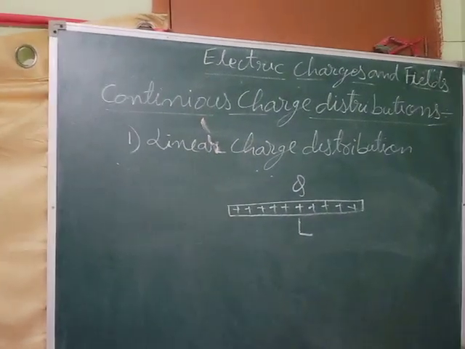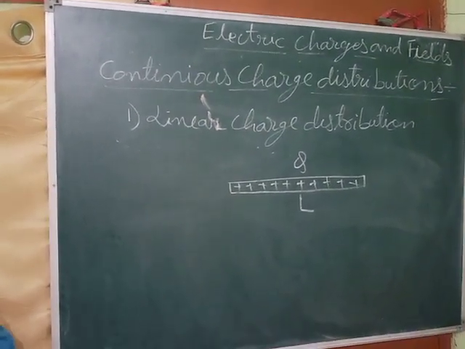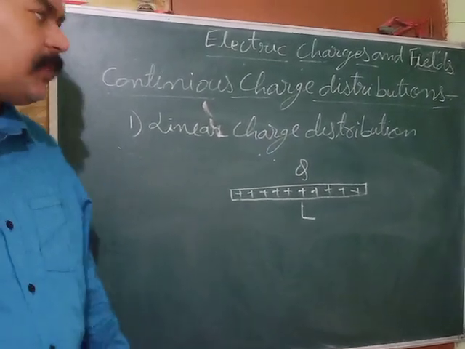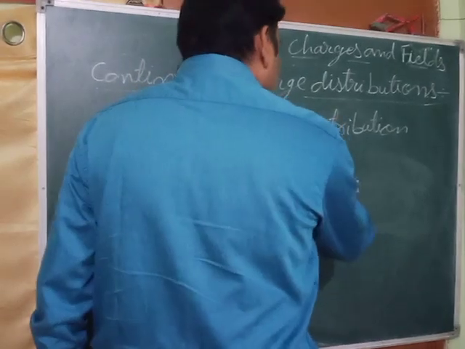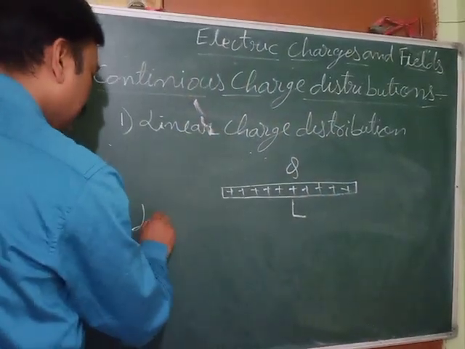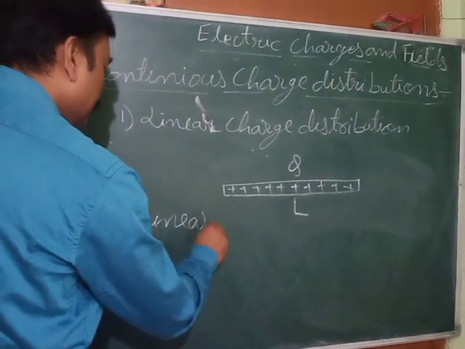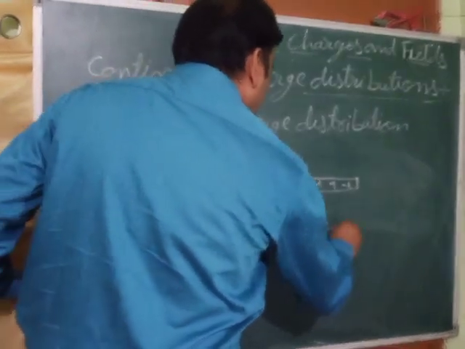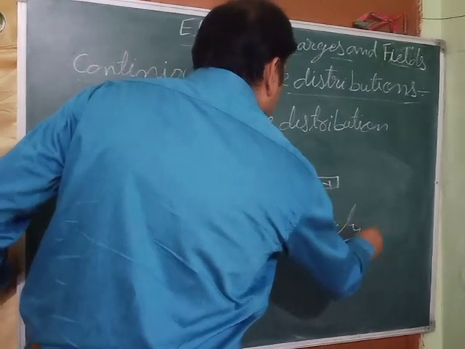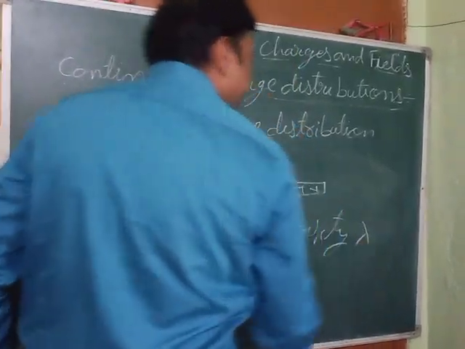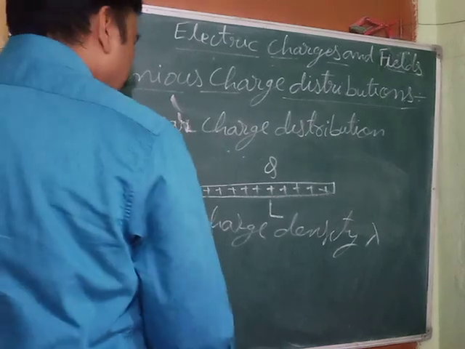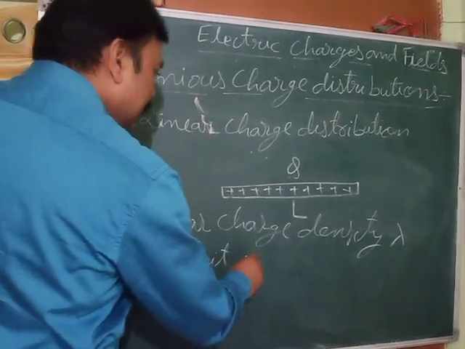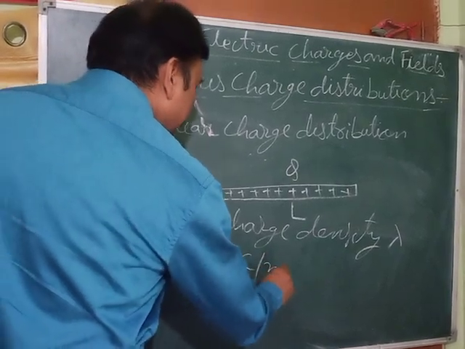So what do we find out? Linear charge distribution, also known as linear charge density, which is denoted by lambda, and its SI unit is coulomb per meter.